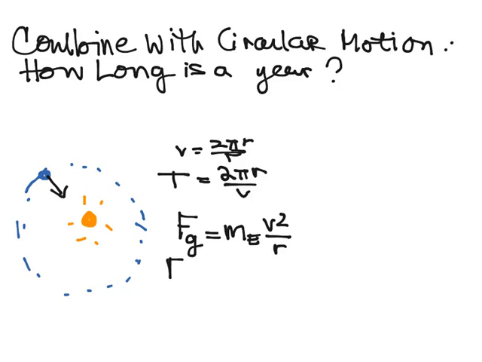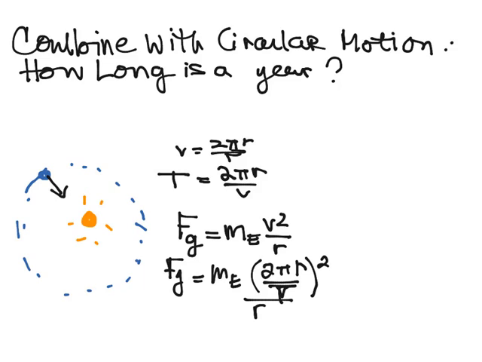So I have Fg is equal to the mass of the Earth times 2 pi r over t, squared, all over r.